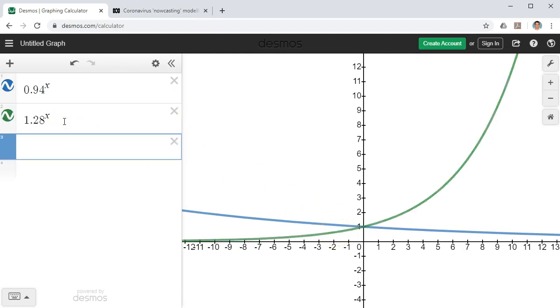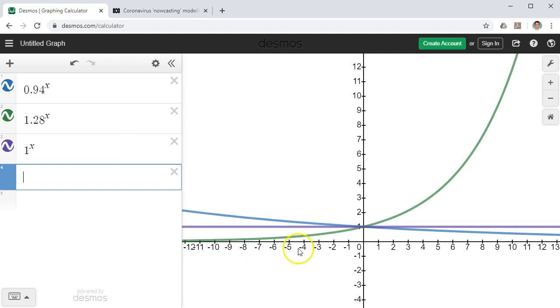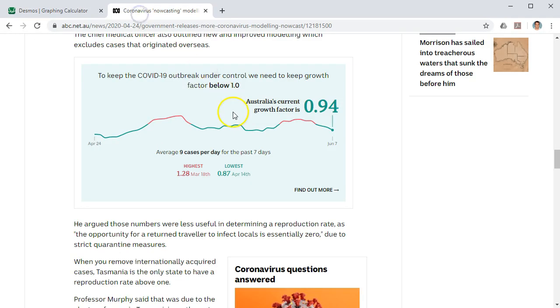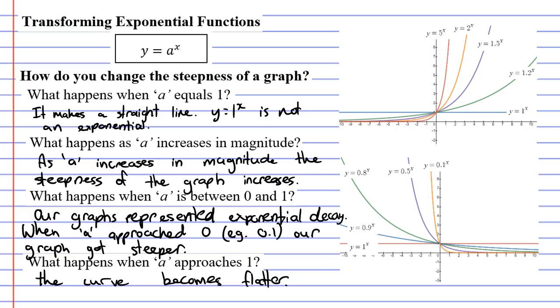And if we also think about when it equals 1 to the power of x, it made a straight line. So 1 represents no growth as well as no decay. Numbers above 1 represent growth, and numbers below 1 represent decay. This is why we have been told that our growth factor has to always be below 1 if we hope to get rid of the coronavirus.